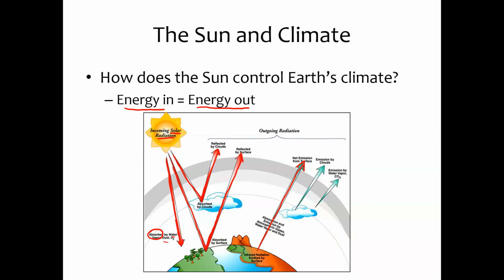When Earth's temperature increases, it emits more radiation. And so that acts as a cooling mechanism. But the balance between what comes in and what goes out is what is going to control Earth's overall temperature, and is what's going to control Earth's temperature at particular locations too.